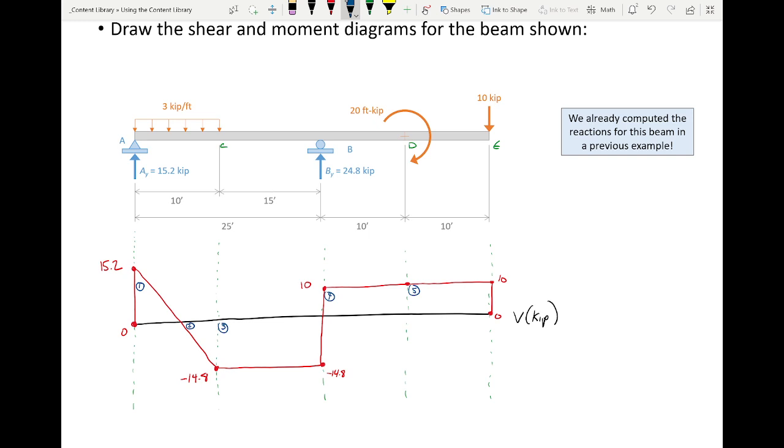What is the area of shape 3? Well, it's 14.8 times 15. What is that? Negative 222. All right, what about shape 4? 100, and shape 5, 100, right?